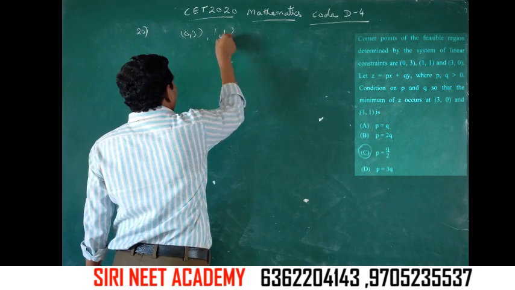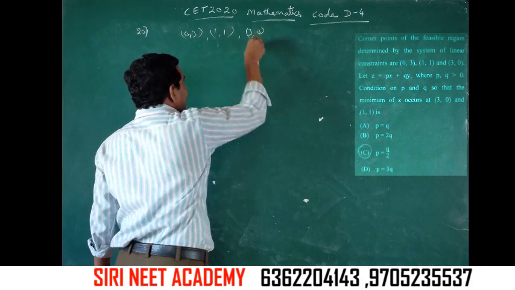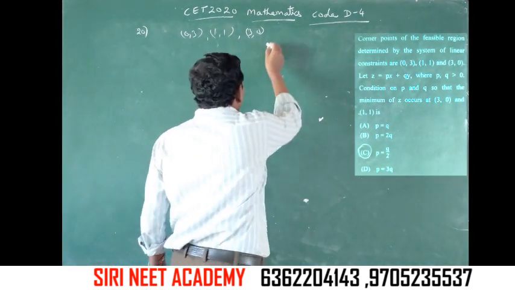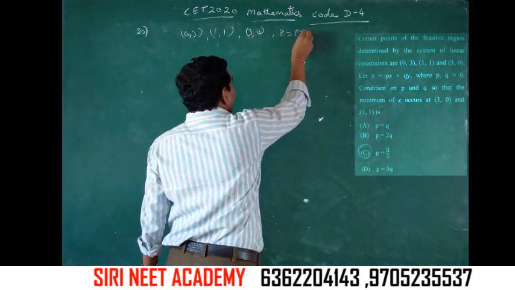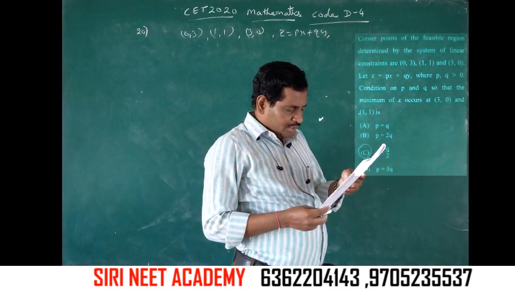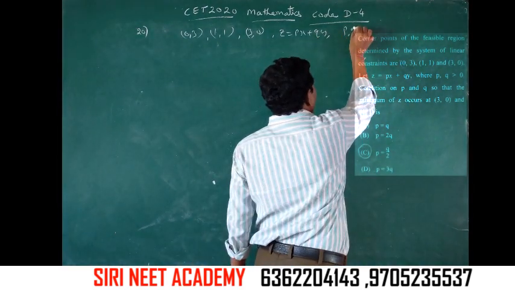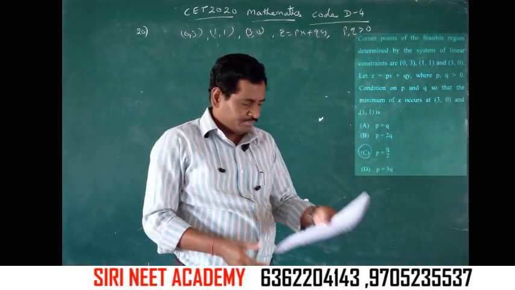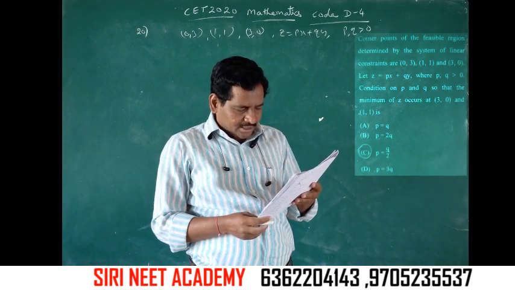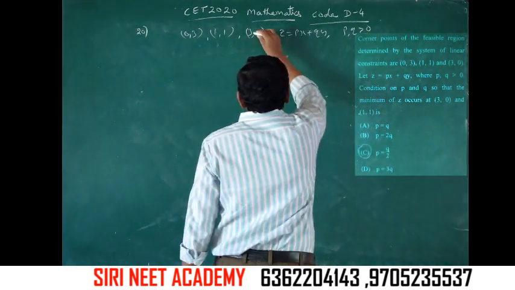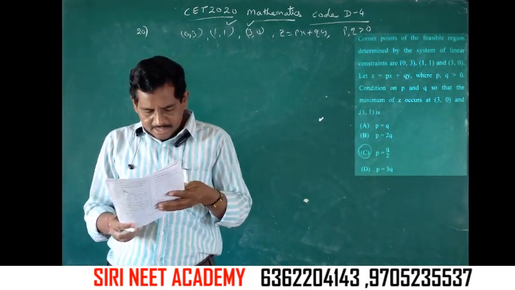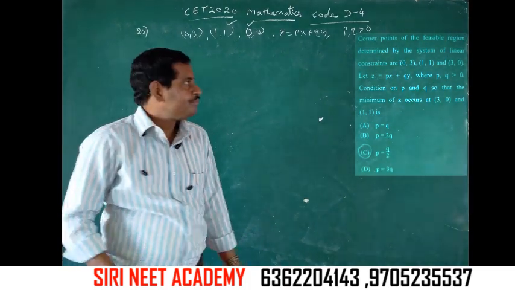Let z is equal to px plus qy, where p comma q are positive. Minimum value occurs at (3, 0) and (1, 1). Then what is the relation between p and q?